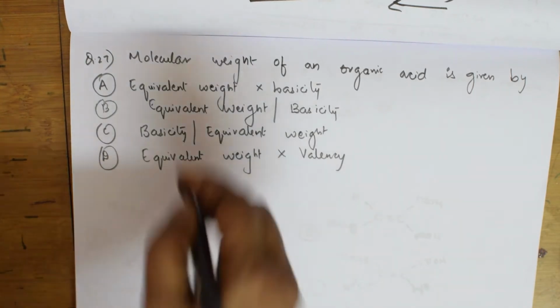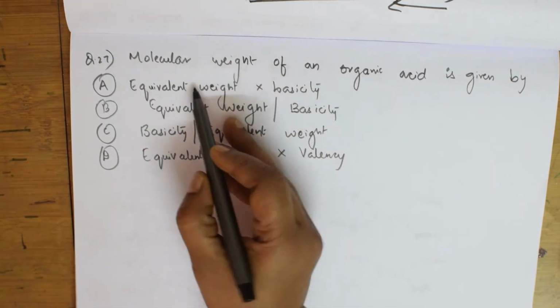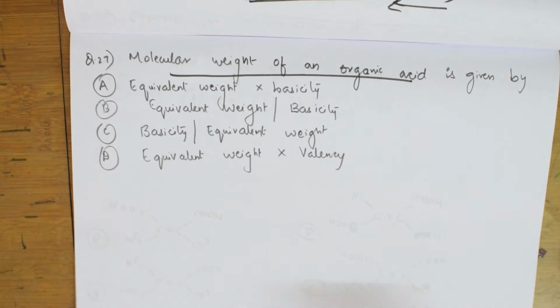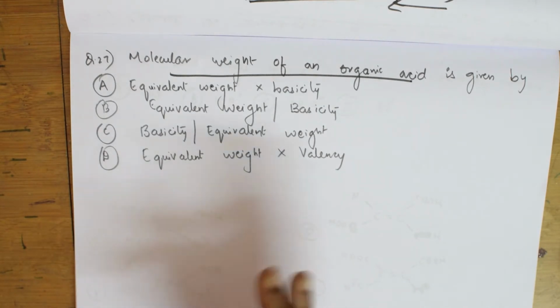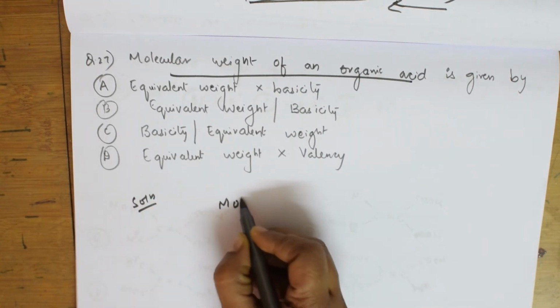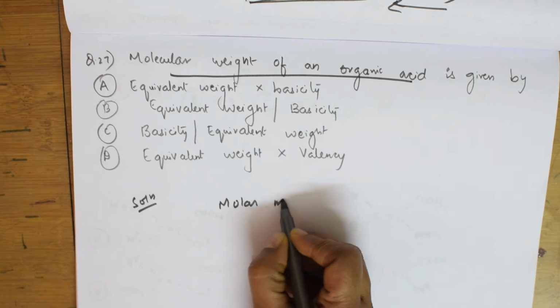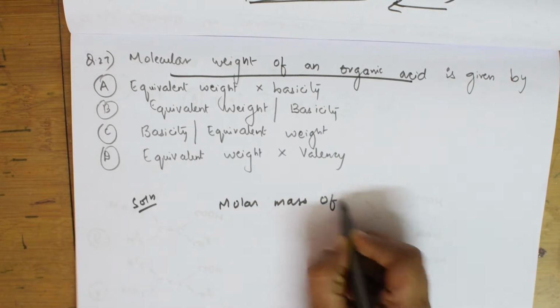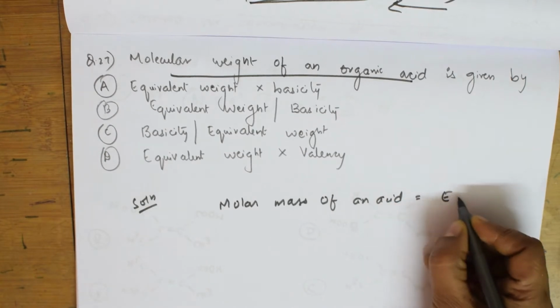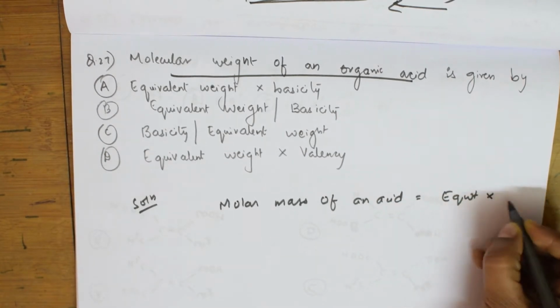So basically here they have given the molecular weight of an organic acid. This is important because it varies for the base, it varies for the metal, everything. It is a direct formula. Remember, the molar mass or molecular weight of an acid is equal to equivalent weight into basicity.